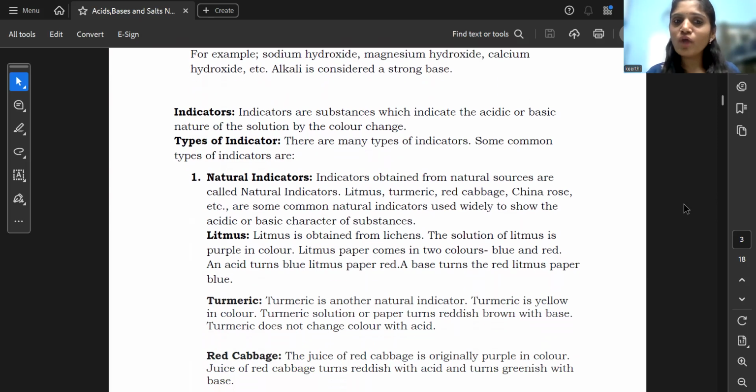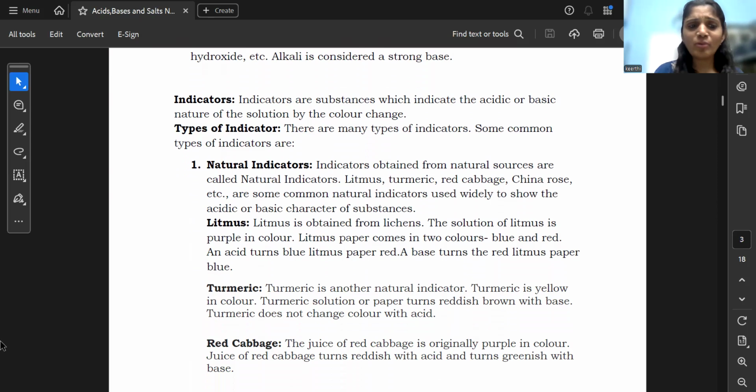Now let us see what the indicators are. I can't keep tasting everything. If someone asks you if a particular compound is an acid or base, you can't keep on tasting everything and tell that this is an acid and this is a base, because all the things are not edible.